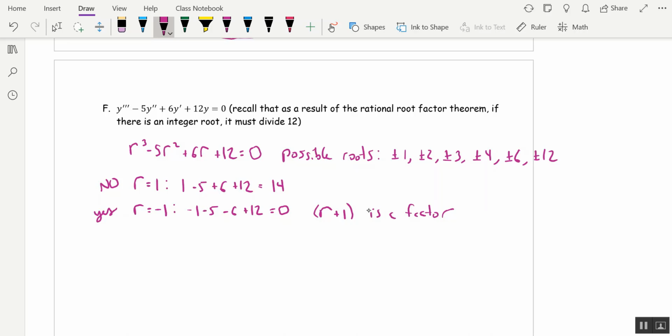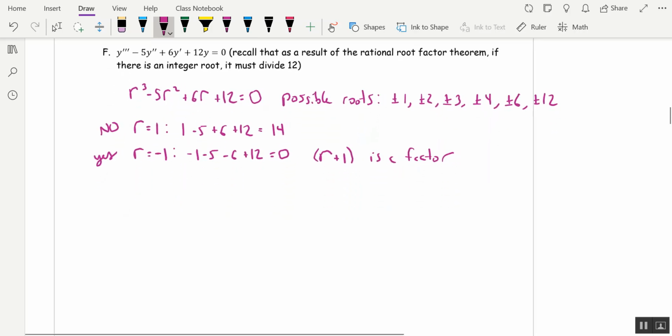We'll consider that later. But right now, what we need to do is take our original characteristic equation, this polynomial, and divide by r plus 1. So r plus 1 goes into r cubed minus 5r squared plus 6r plus 12.